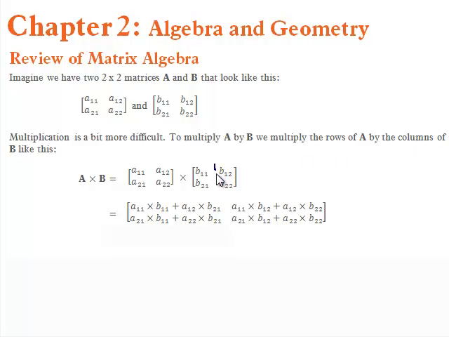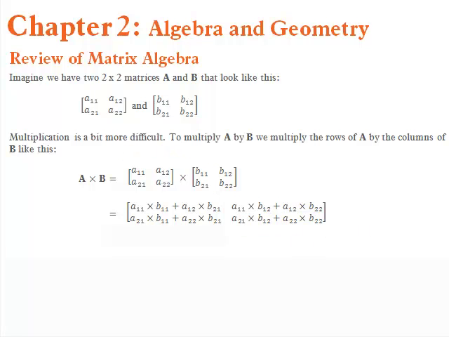Then we take the second column, lay that across the top here, so we've got B12 and B22. That's meant to be a 2. And so now we multiply A11 by B12 plus A12 times B22, and so on.